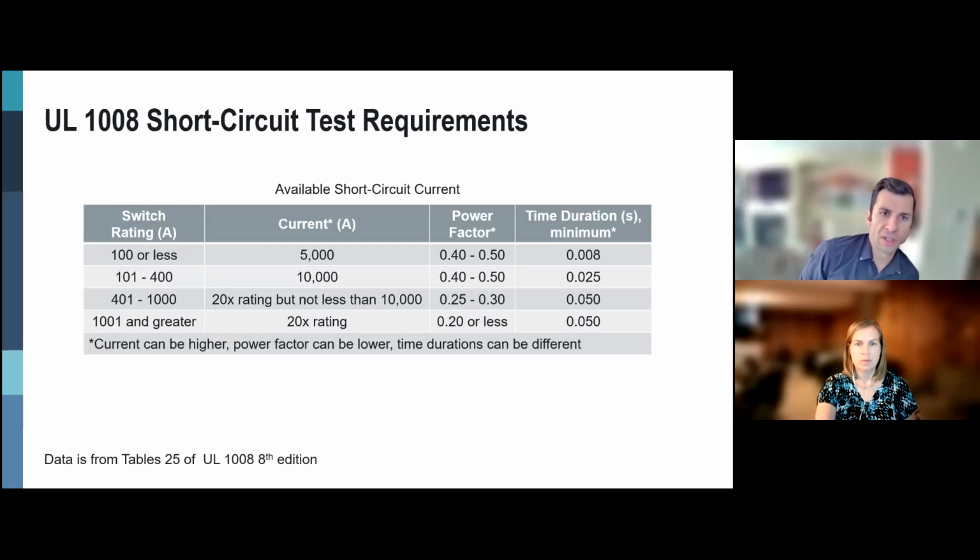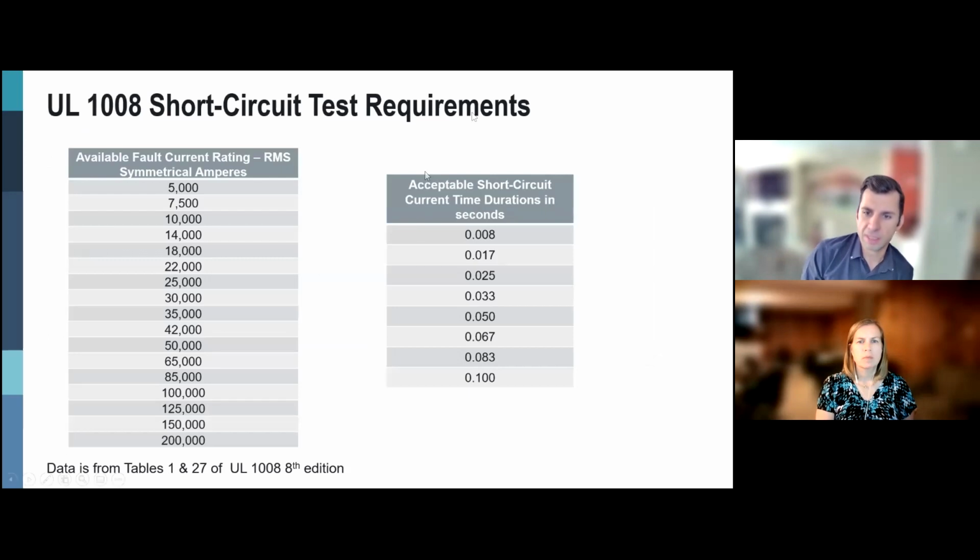The UL 1008 short circuit test requirements list the available currents, times, and power factor. A manufacturer can deviate and go to worse numbers, but not better than these numbers. So you can go to a worse power factor for a longer duration, for higher currents. These are also the acceptable time durations for testing.